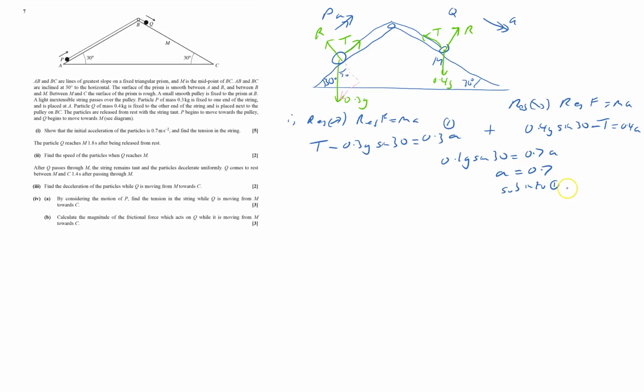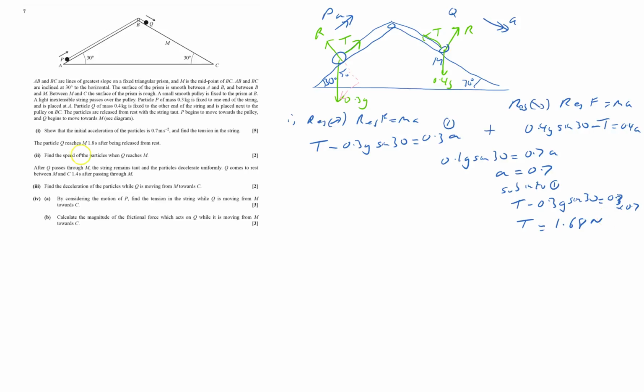If I call that equation 1, that gives me T minus 0.3 g sine 30 equals mass times acceleration, 0.3 times by 0.7, the acceleration, and that gives me T equals 1.68 newtons.